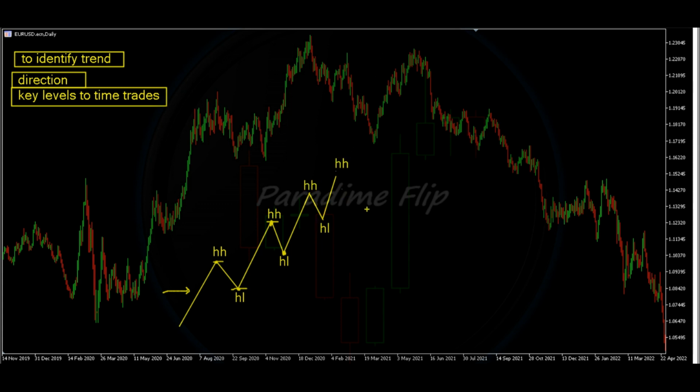So this is going to go on until a point where price breaks market structure, okay? And from this point, right, we now have a potential lower low, right? And from this point, right, we can expect a pullback, okay?